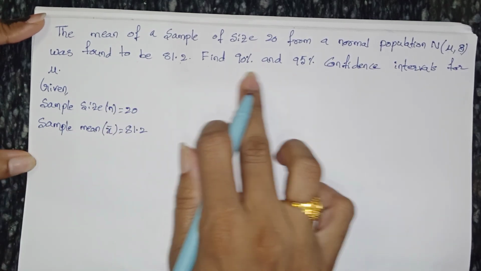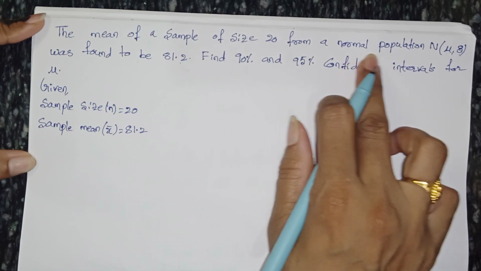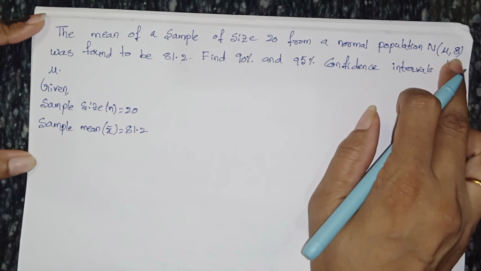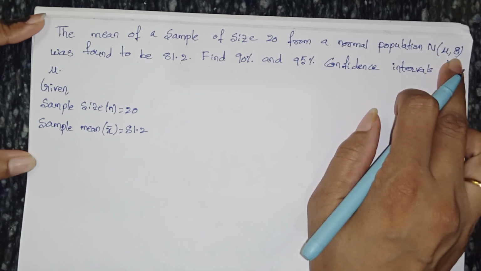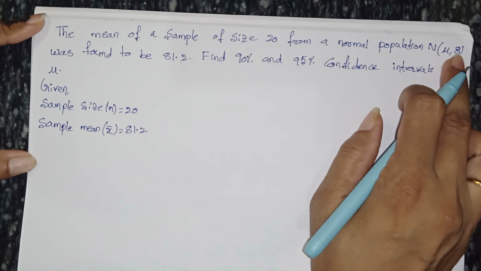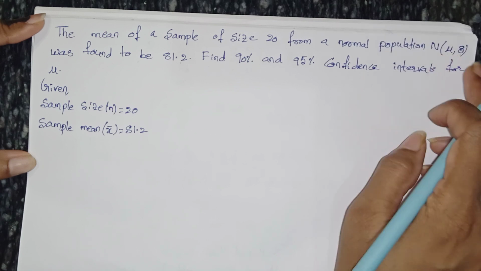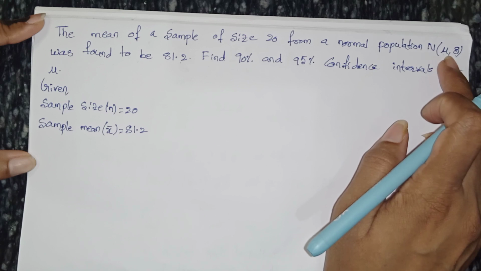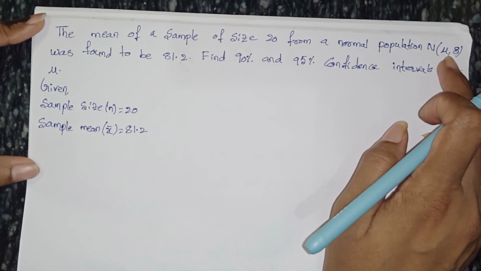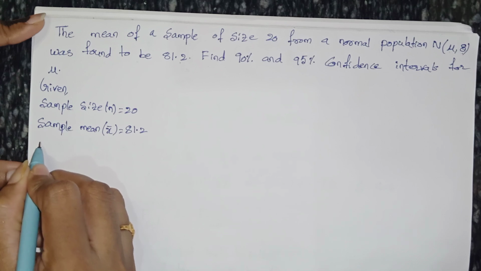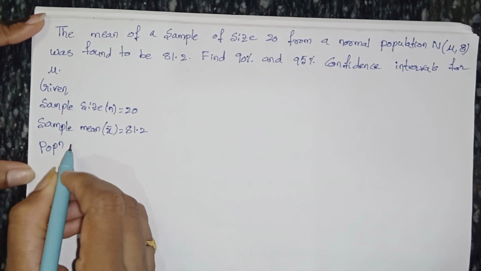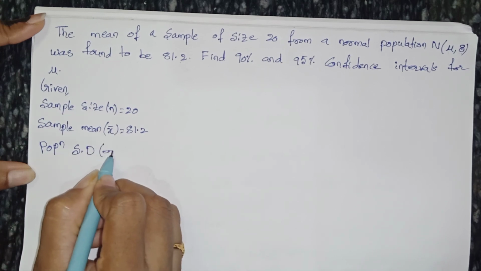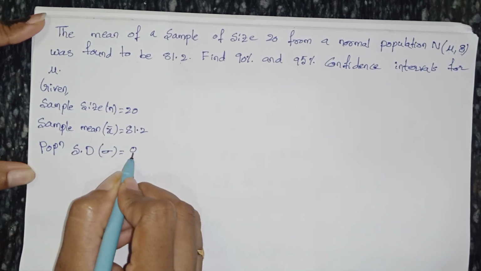Okay. And next, here they gave a normal population with mean mu and variance 8. So here 8 is the variance, and the population standard deviation, denoted with sigma, equals 8.